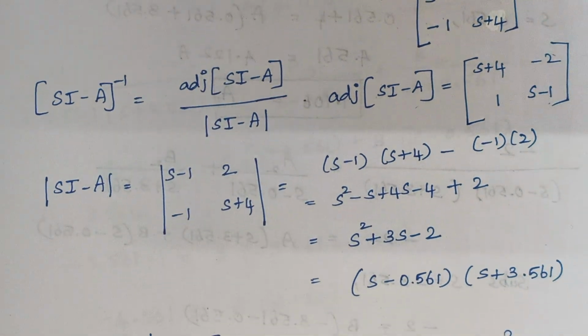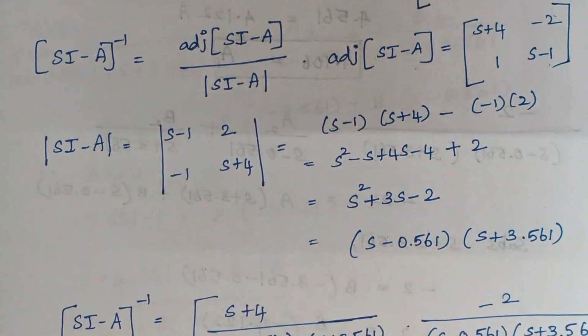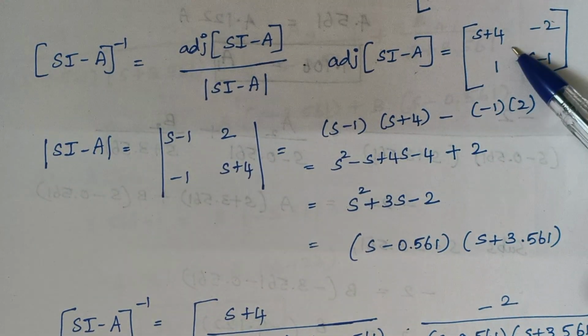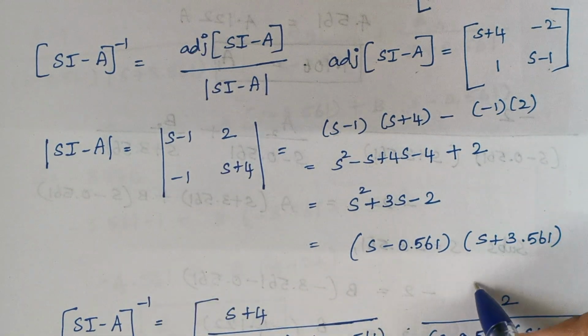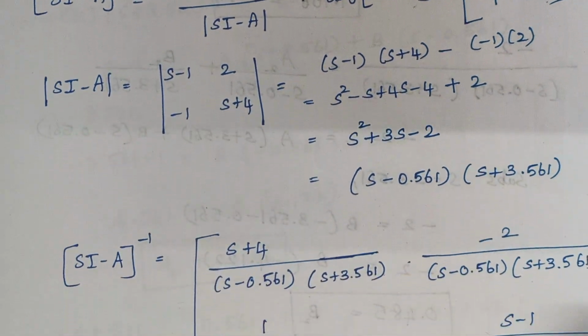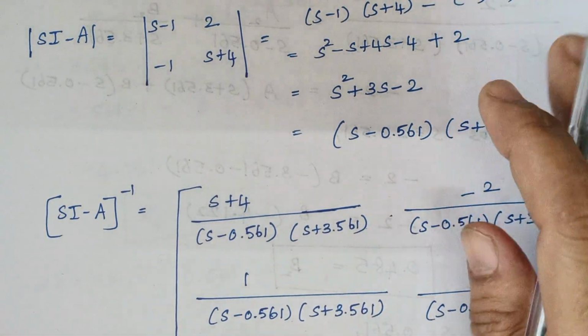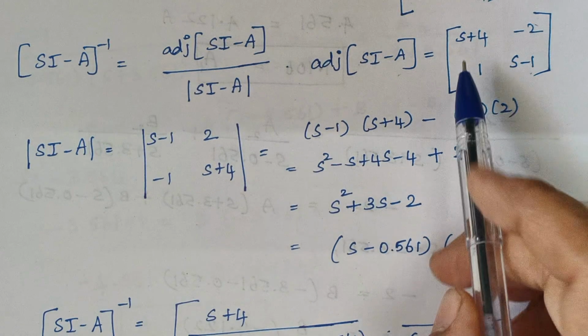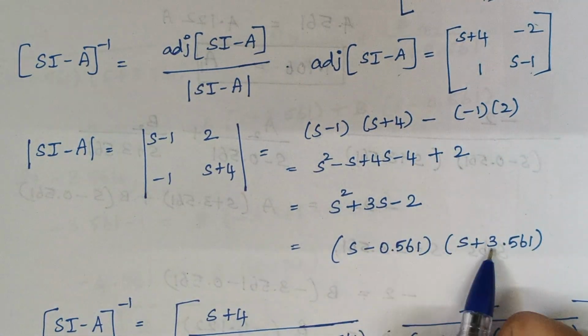And the next thing is (sI minus A) the whole inverse, right? We had calculated the adjoint of (sI minus A), and we know the determinant of (sI minus A) also. So when you substitute, this entire matrix gets divided by this term, right?